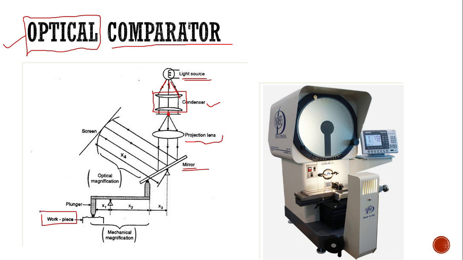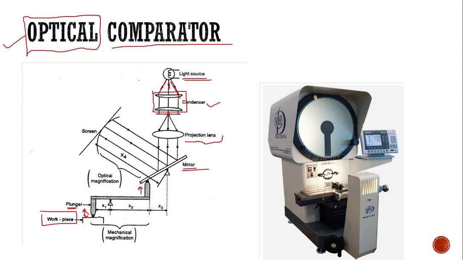Now we will go ahead with the workpiece. The workpiece is placed just below this plunger. This is a plunger and this is a pointer, a stylus we can call it. Any vertical movement in the dimension will cause this arm to move.